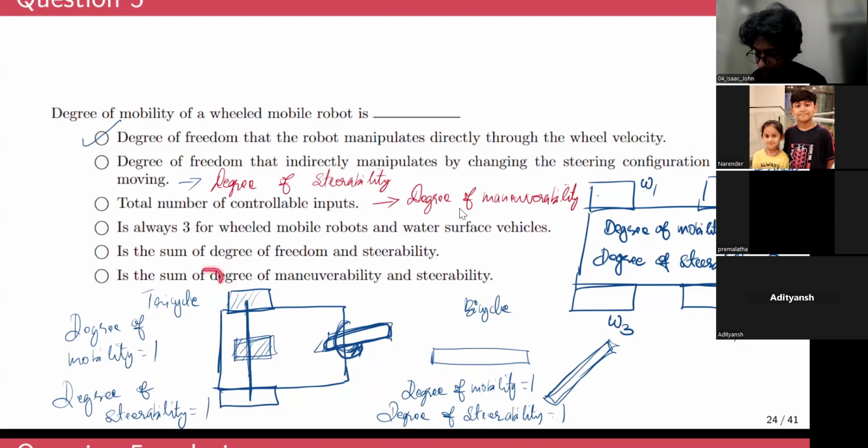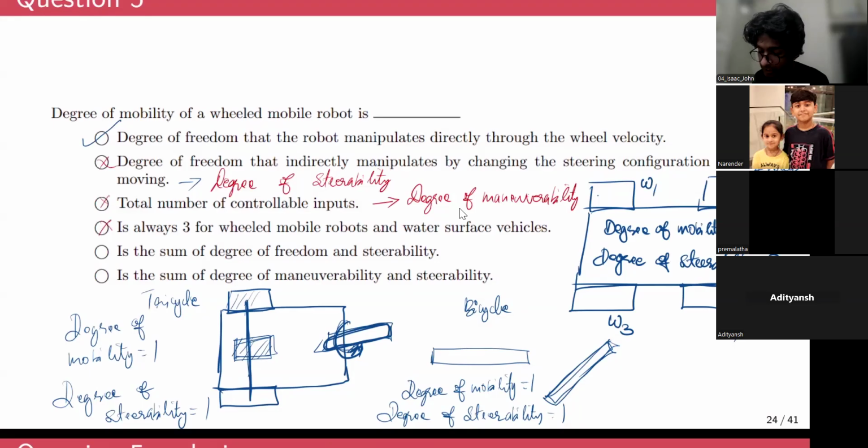In case of a tricycle, the degree of mobility is 1. In case of a bicycle, the degree of mobility is also 1. But in case of this robot, the first one that we have considered, the degree of mobility is actually 4, because we have 4 independent inputs. So that option is actually false. The previous ones are all false.